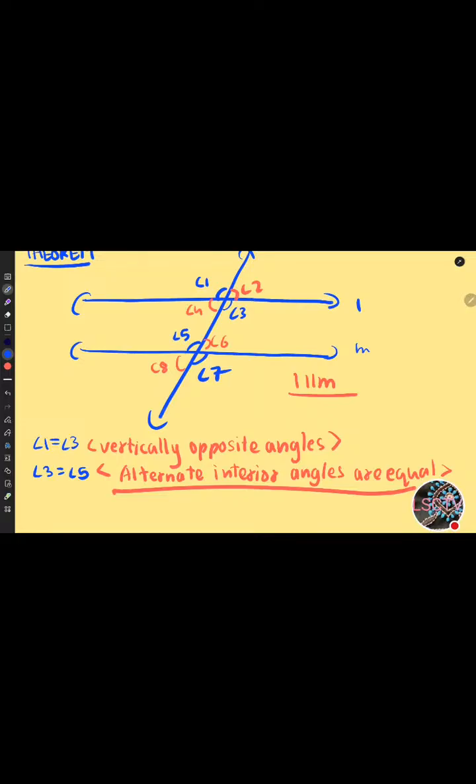These two angles are adjacent to each other. They sum up to 180 degrees. Remember that, any angles next to each other, their sum is 180 degrees.